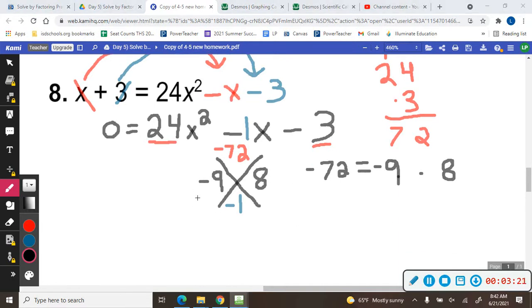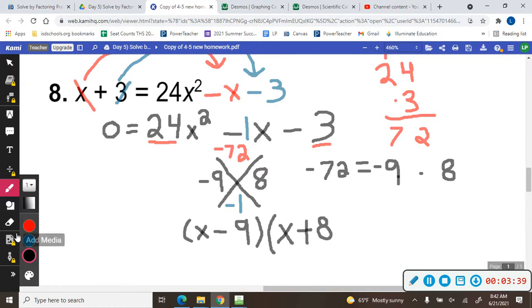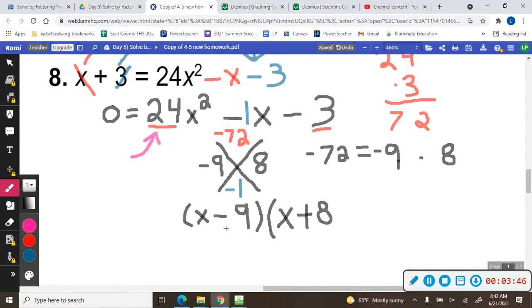So from there I put x with the 9, x minus 9, x with the 8, and just like before, whatever number this is, you divide them both by that number.